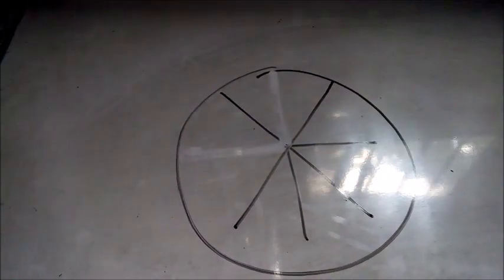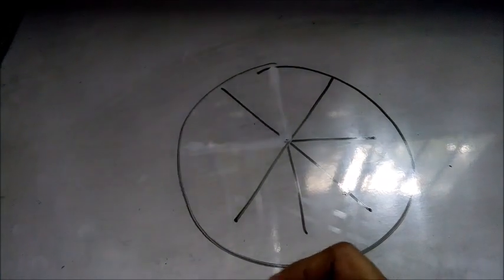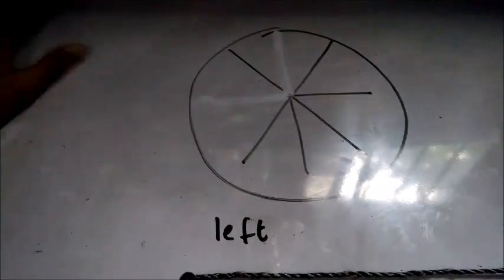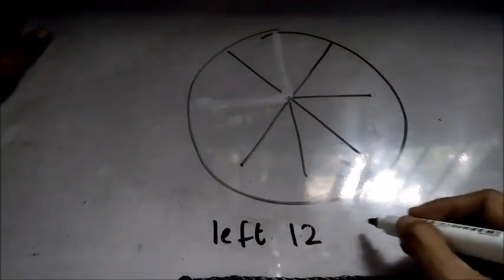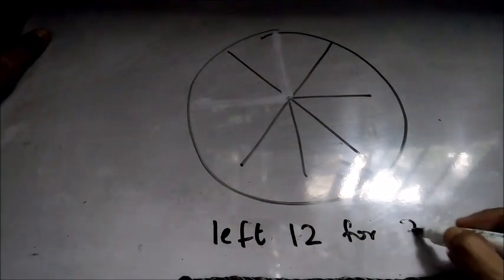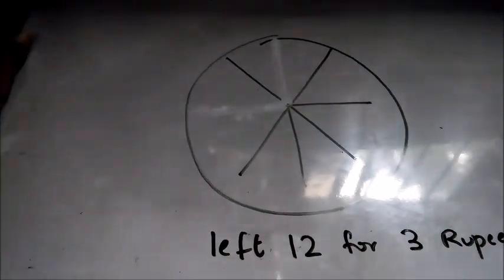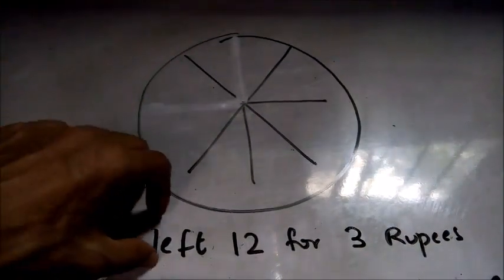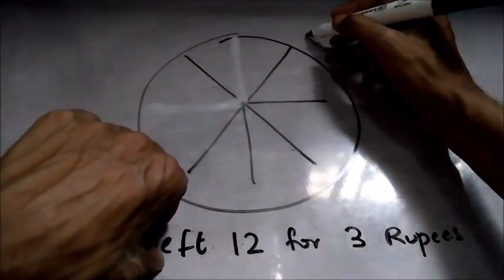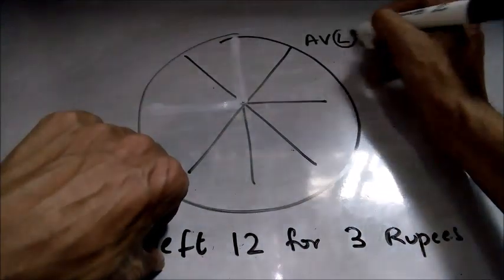An easy mnemonic to learn these limb leads is: left 12 for 3 rupees, right? Remember this mnemonic. Now left is referring to a lead which is known as AVL, right?